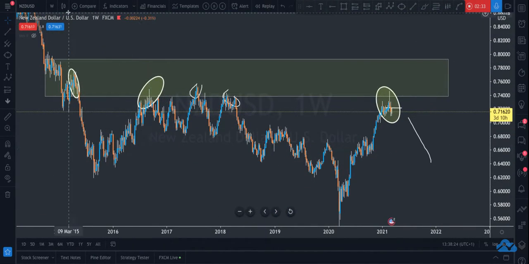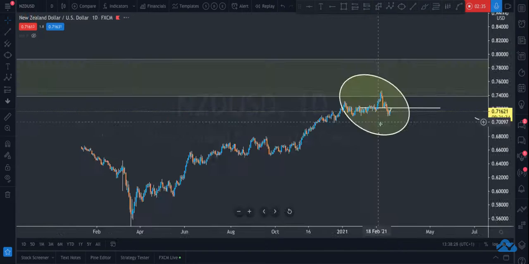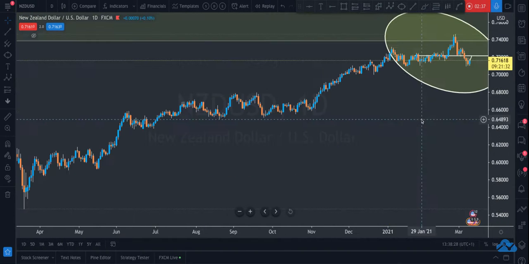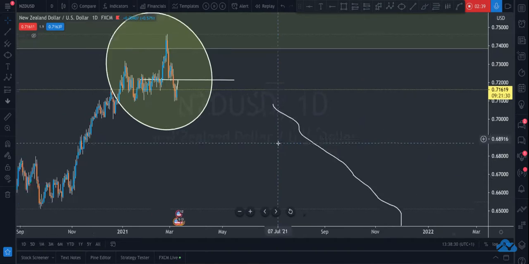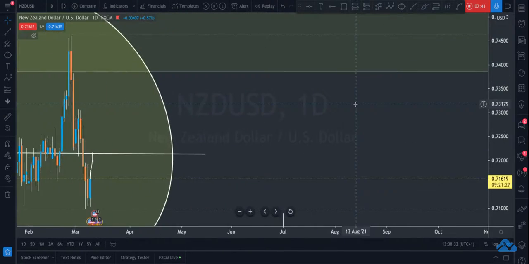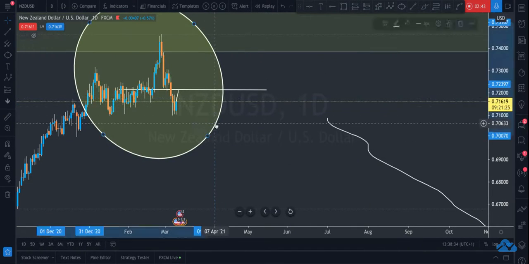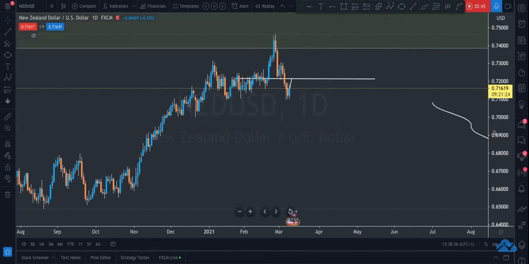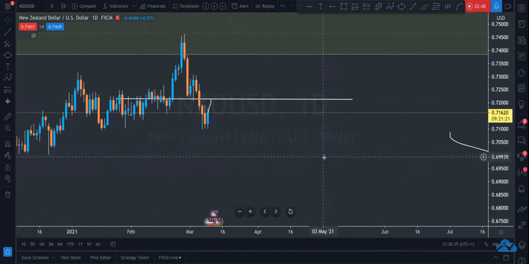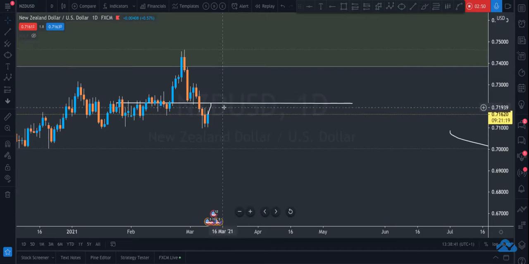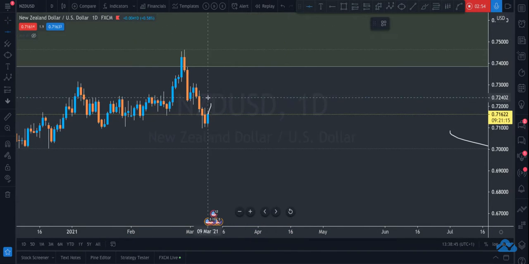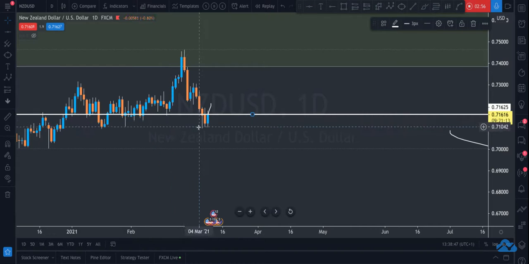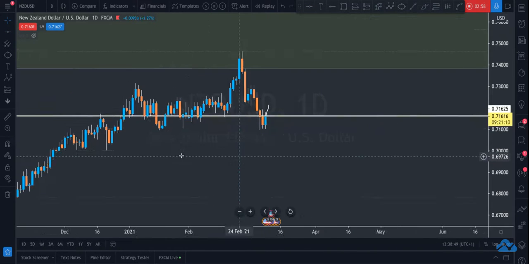So let's move down on a daily time frame. What we can see, let me first remove this one. We can see that now price already broke this support, now turned resistance, okay.